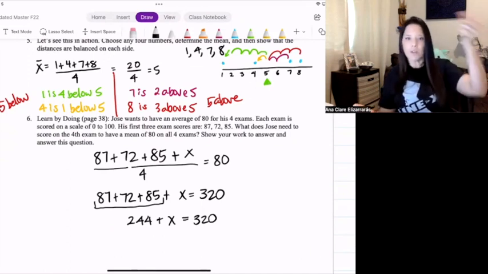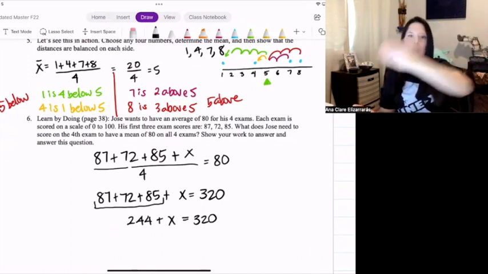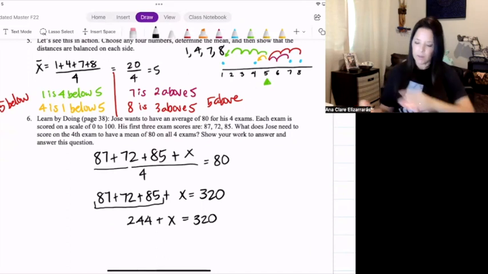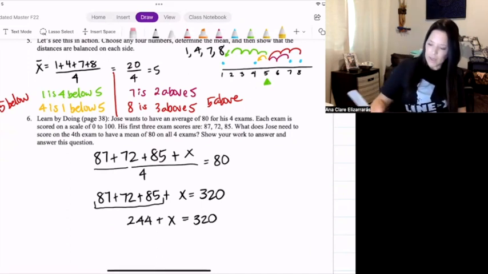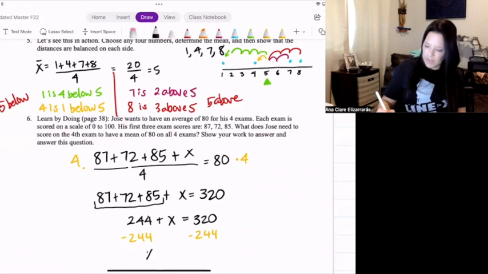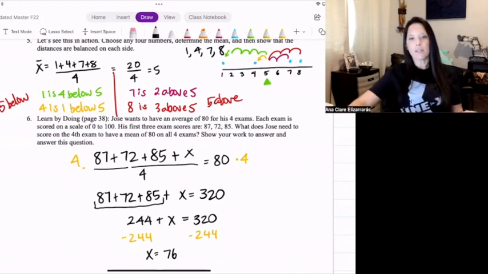So I already have 244 accounted for. How much more do I need to get to 320? If I took away that 244 that I already have accounted for, I get that my test score needs to be 76.